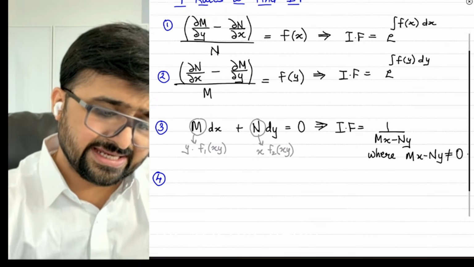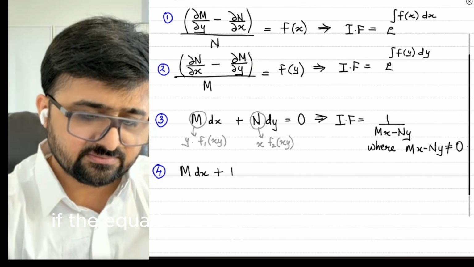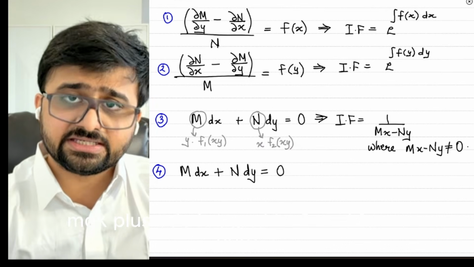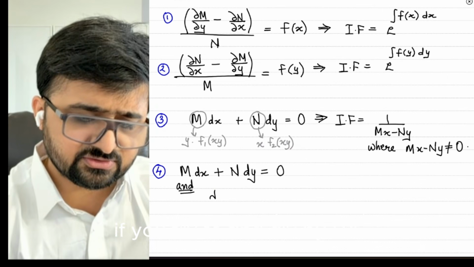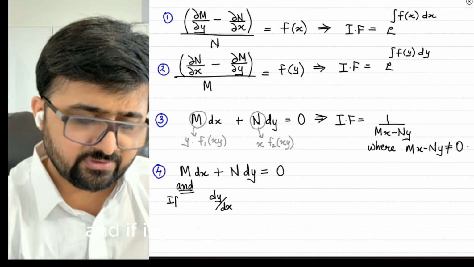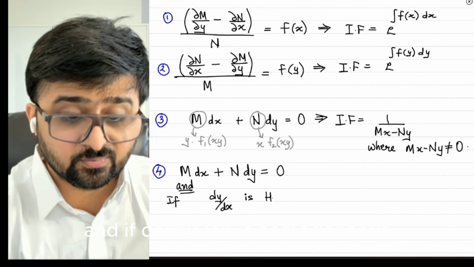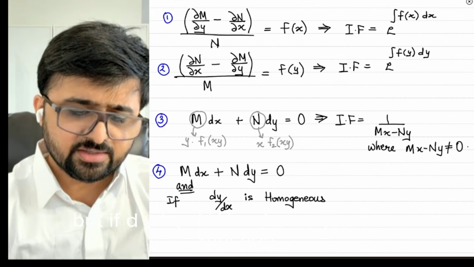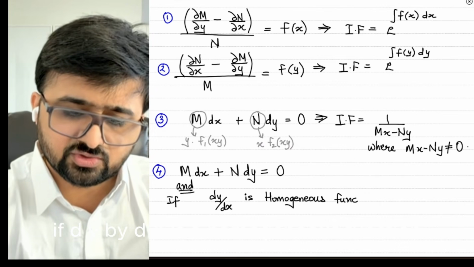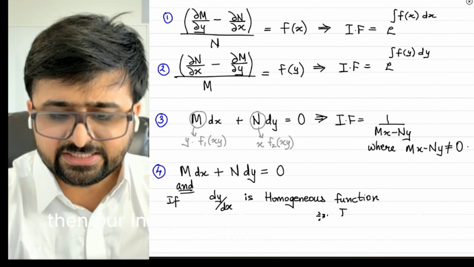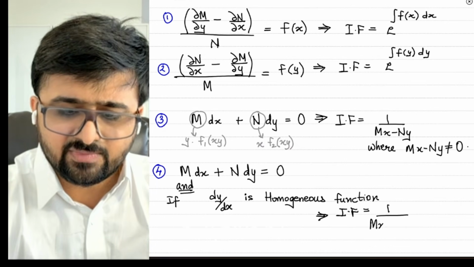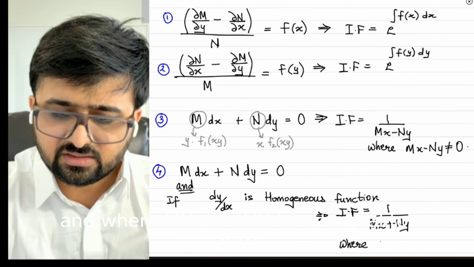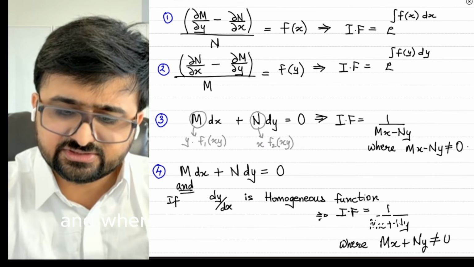Okay, the last rule. Again, if the equation M dx plus N dy equals 0 is of this form, and if you find dy by dx and it is homogeneous, we'll look at what is homogeneous while solving the questions, then our integrating factor will become 1 upon Mx plus Ny, where Mx plus Ny is not equal to 0, obviously, because it's in the denominator.